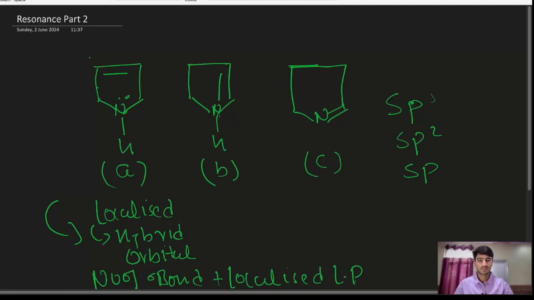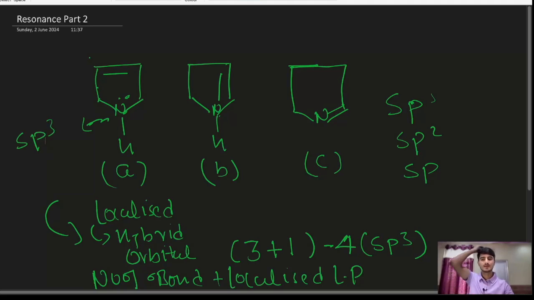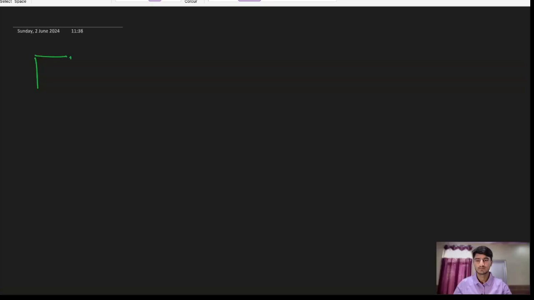So the summation comes as 3 sigma bonds plus 1 localized lone pair. It comes as 4. It means the nitrogen is sp3 hybridized. So the hybridization of nitrogen is sp3. Clear? And the lone pair is present in the sp3 hybrid orbital.